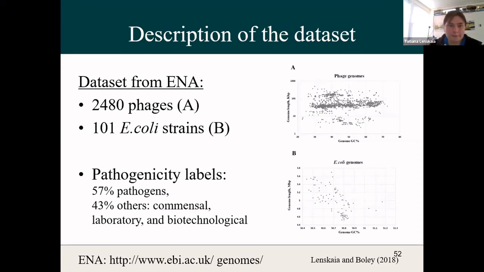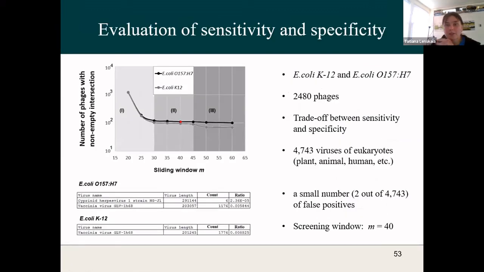As I mentioned, we use the screening window of length 40 to capture those signs of interaction between bacteria and viruses. But can we validate this window in terms of sensitivity and specificity? In this case, we take these two strains of E. coli and different phages and count the number of interactions that we observe between pairs of bacteria and phages for different screening windows. For a very short screening window, you can see that there are a lot of spurious overlaps between these bacteria and phages.